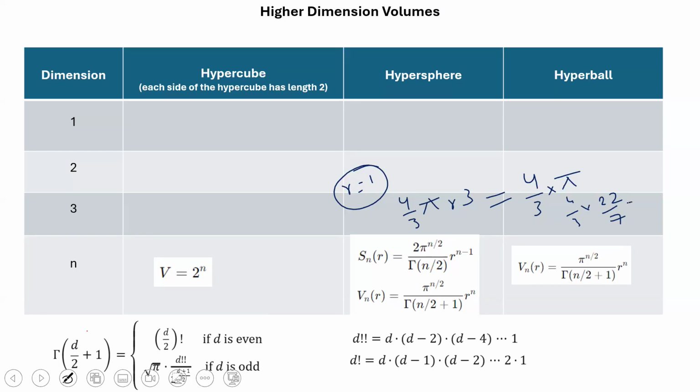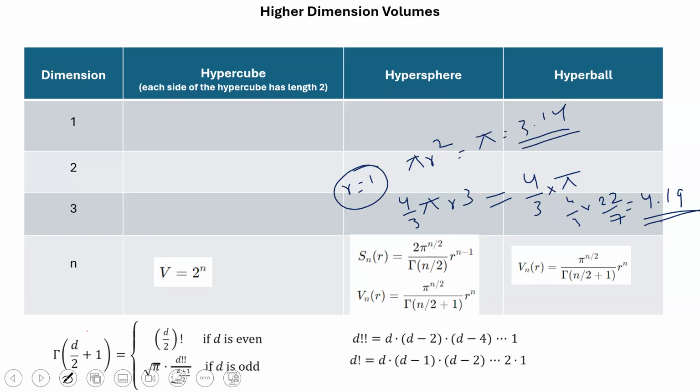So this is 4.19, right? In 3 dimensions, it is 4.19. What does this look like in 2 dimensions? It is pi r square, right? That becomes pi, that is 3.14.